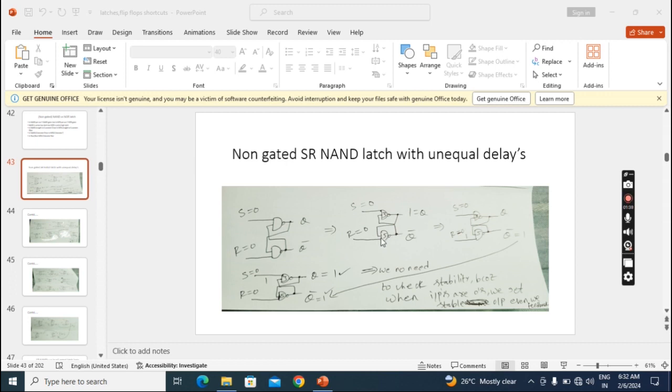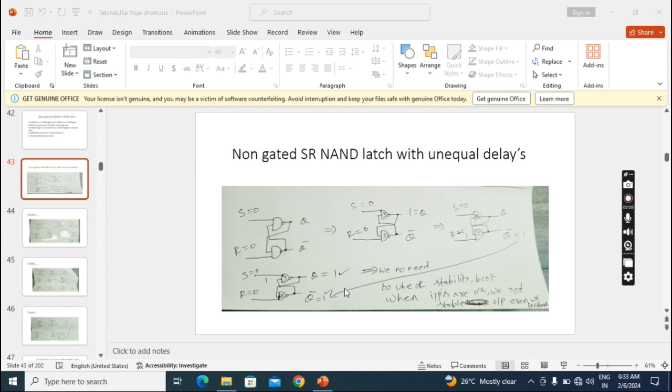Suppose the below gate is faster, first I have to predict Q bar, then feed back this Q bar to the above gate. So finally with 0 0, I will get Q and Q bar as 1 1 only, even though I feed back many times. When I maintain the input 0 0, even though we feed back these outputs many times, we will get the same output 1 1 only.